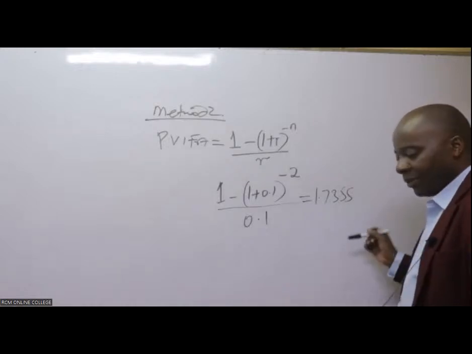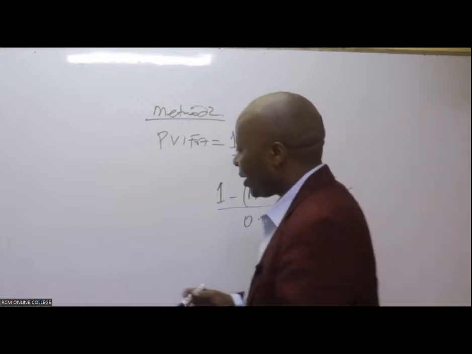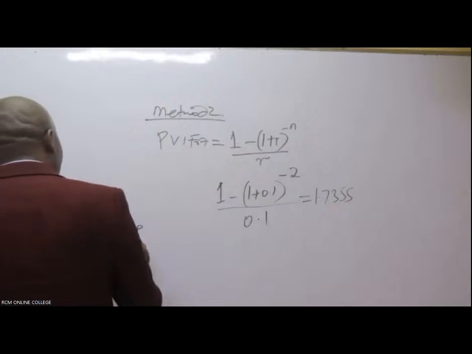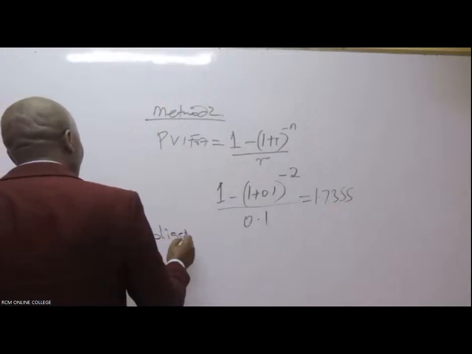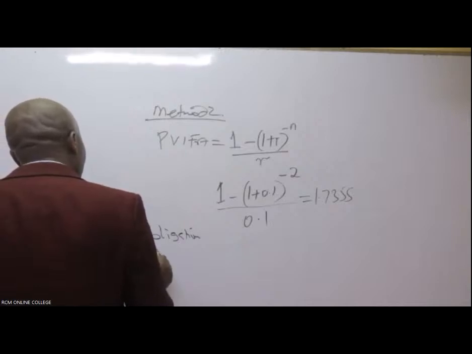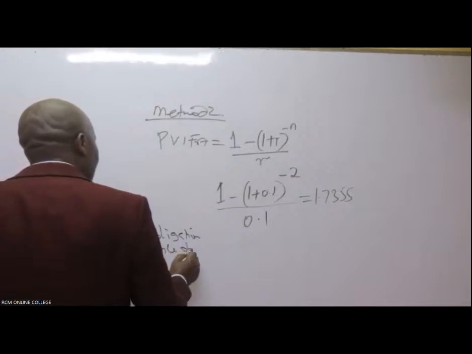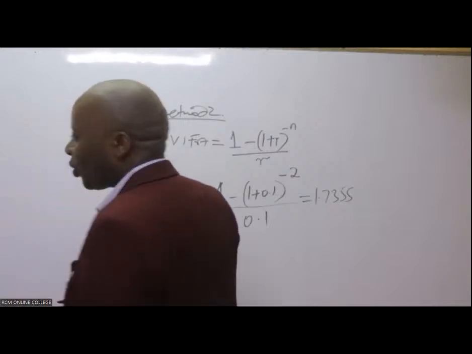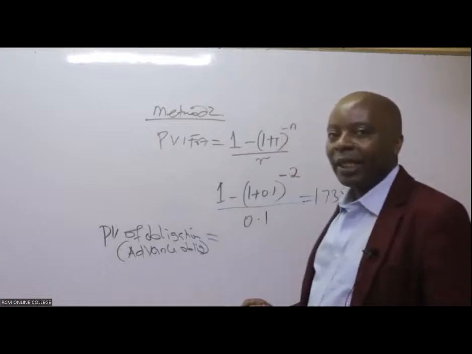And now, ladies and gentlemen, listen. How do I get this present value of the obligation when there is an advance payment? Remember, in the questions that ICPAK gives, they normally say that the lease rentals are paid in arrears, at the end of the year.